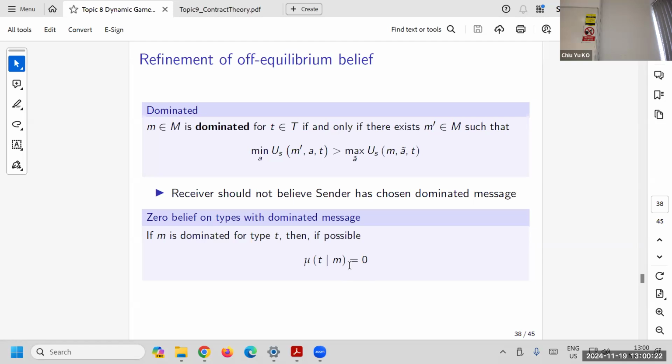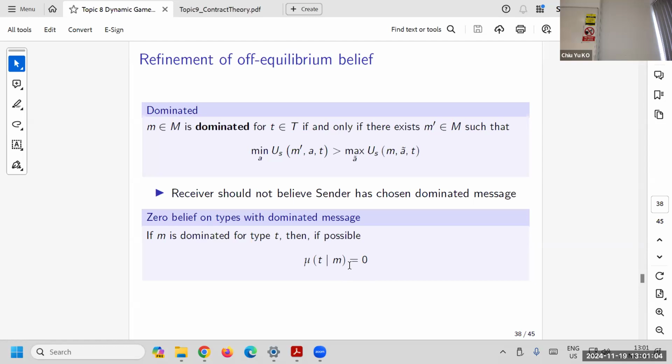We say message M is dominated for a particular type T. If I send this message, the max I can get is less than the minimum I can get from the other message I'm going to send, then I will never send this M. Let me repeat the statement, because the notation was a little bit not easy to read.